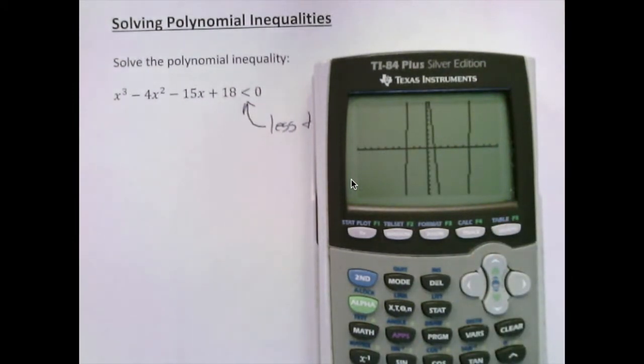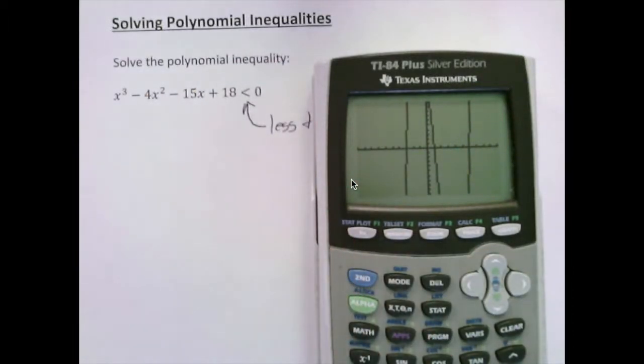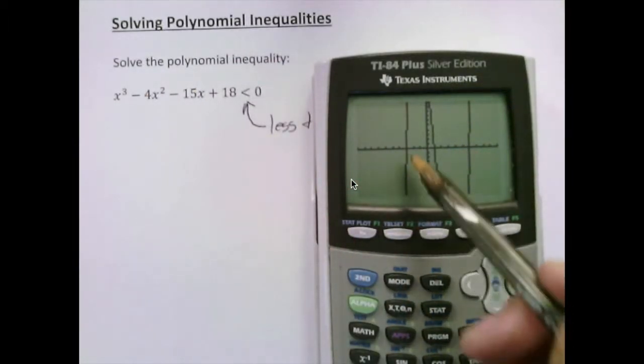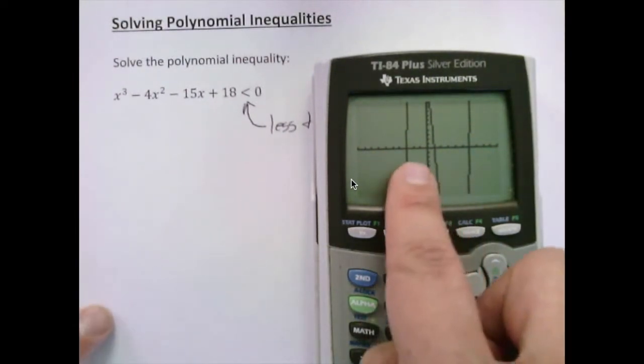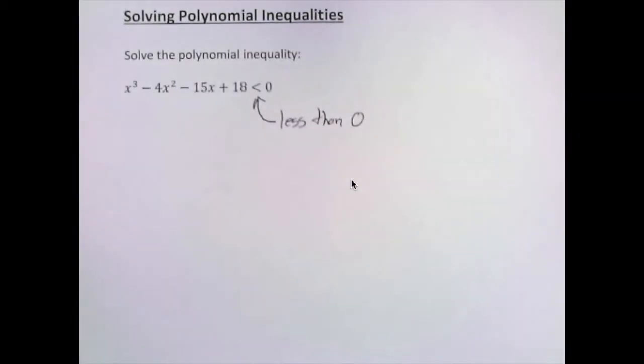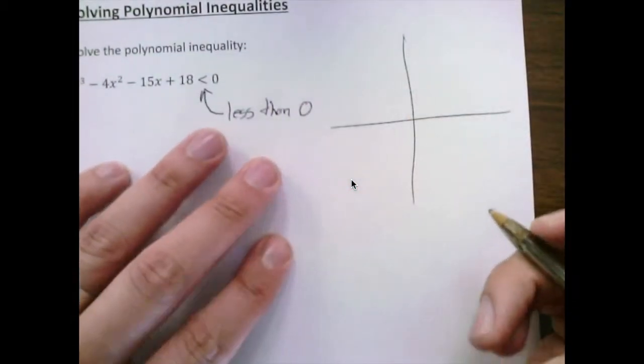Now when you graph it, I would pay attention to the shape, or just know how degree and leading coefficient affect shape. So I got an S that goes up, comes down, and goes up. What's especially key here is to pay attention to where the x-intercepts are. So I'm going to draw a pretty basic graph here.